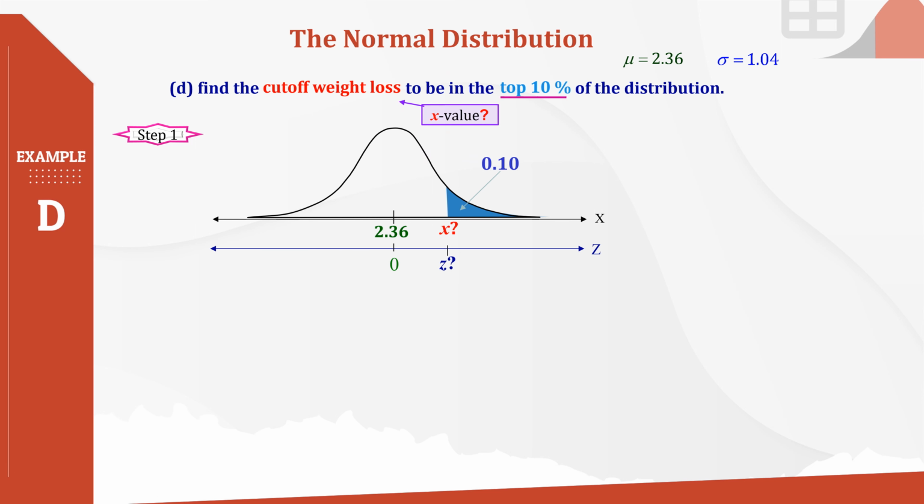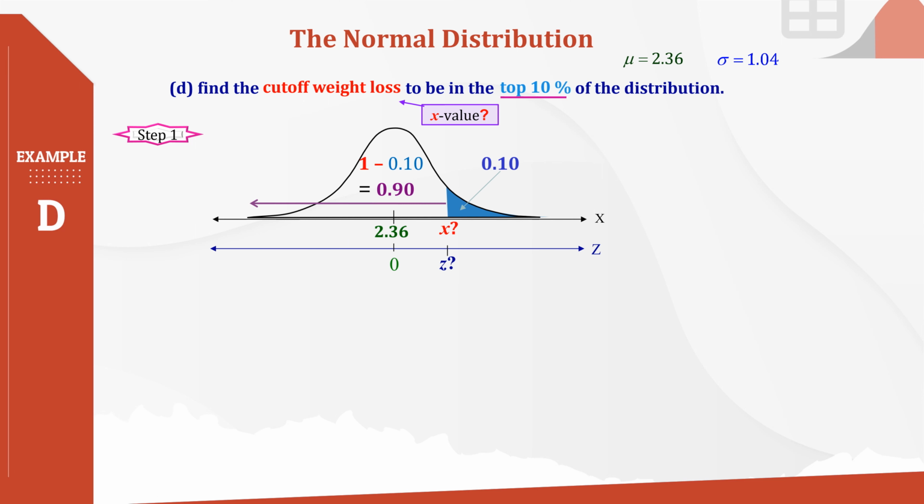However, as our table gives the left cumulative area, we need to convert the right area to the left cumulative area in order to look up the table. Since the total area under the curve is 1, we can get the left area by subtracting the right area from 1.